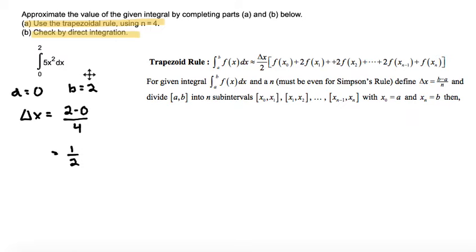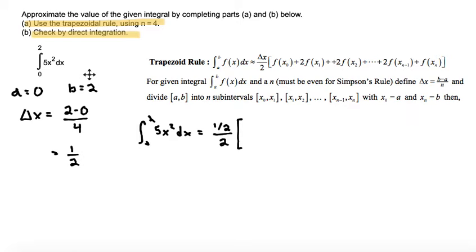So we can rewrite our problem as the integral from 0 to 2 of 5x squared dx. That would be equal to, the numerator is 1/2, plugging that in for delta x, over 2, times, now we need f of x0, so we're dividing a to b into n subintervals.